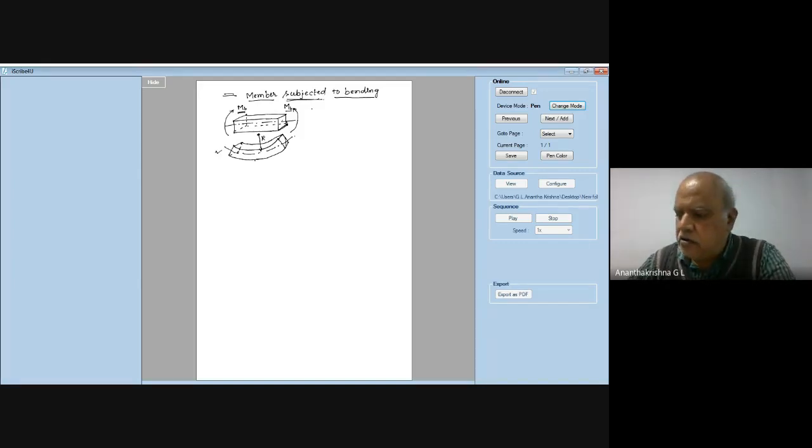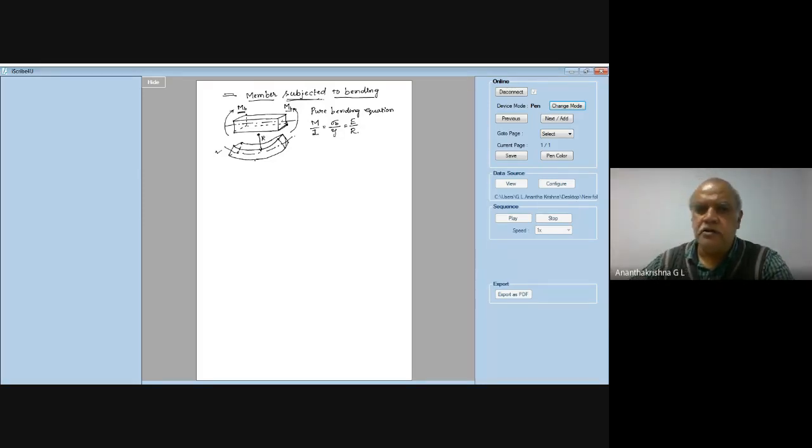So we have the pure bending equation. From pure bending equation, what is the equation that we have learned? M by I is equal to sigma B by Y, that is equal to Young's modulus divided by radius of curvature.